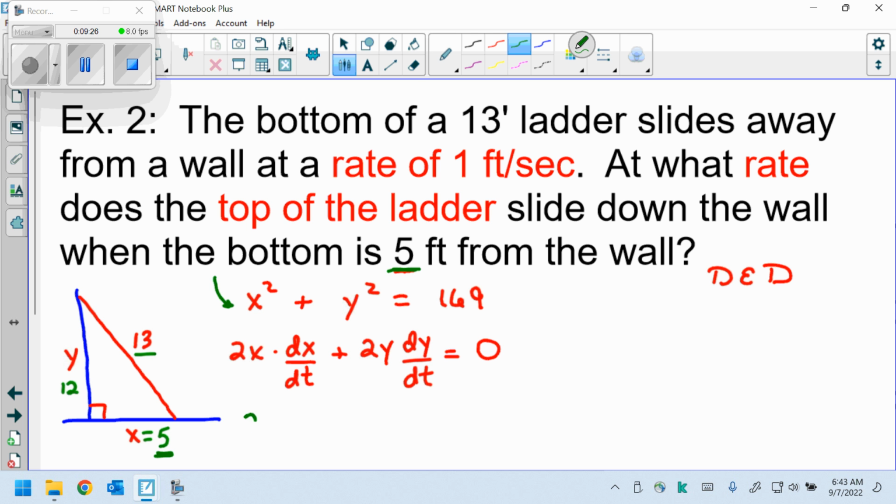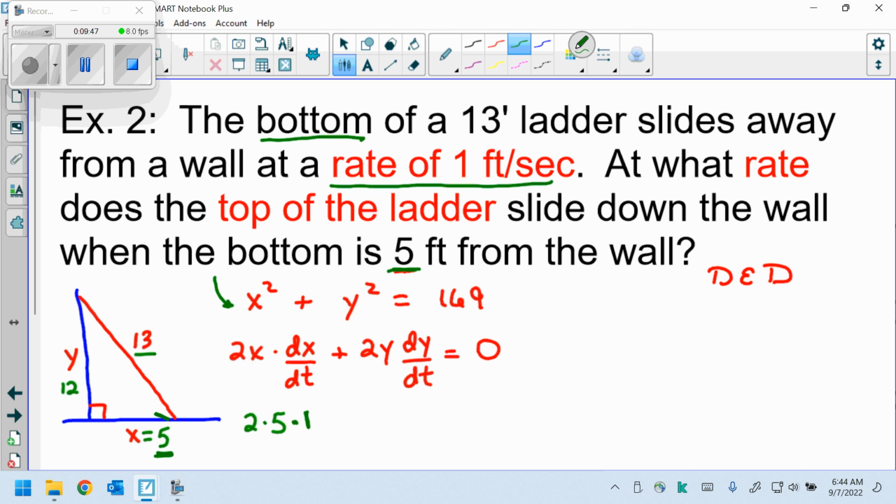So I'm going to take 2 times 5 times dx dt. The bottom of the ladder slides away from the wall at 1 foot per second. So this is a 1.